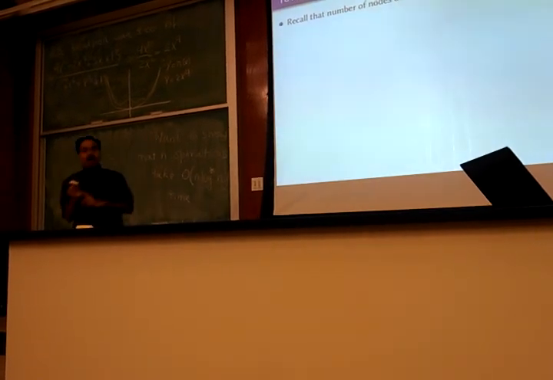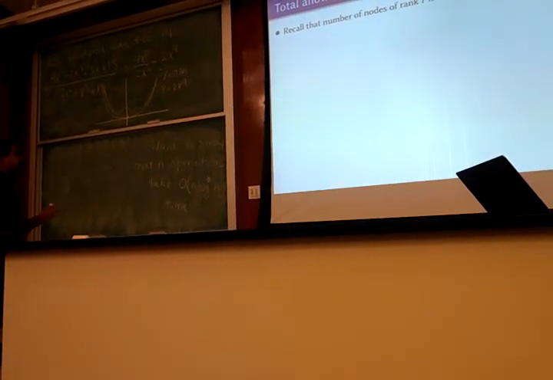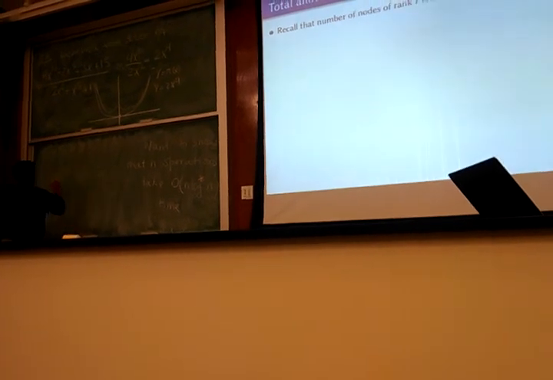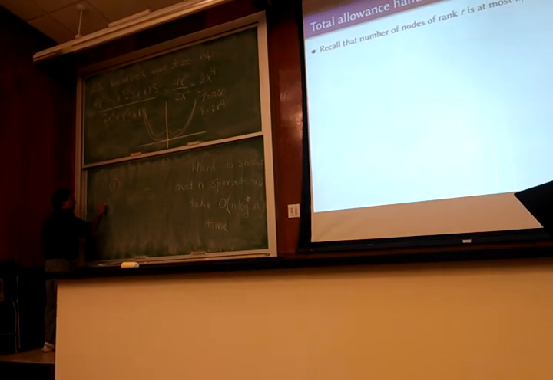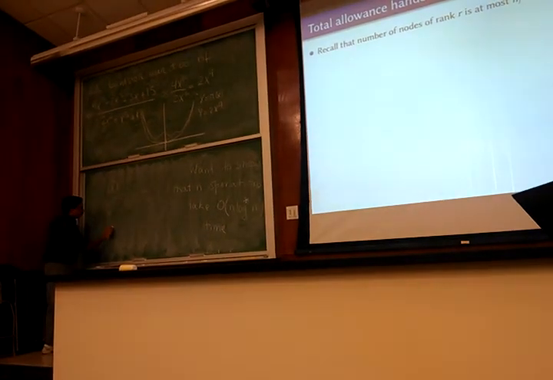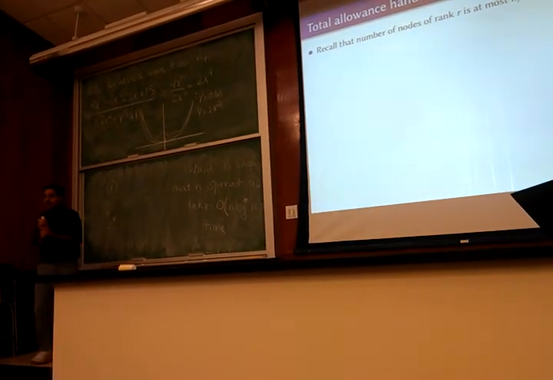So if the rank is r, what it means is that your rank r node will have at least 2 to the power r descendants.